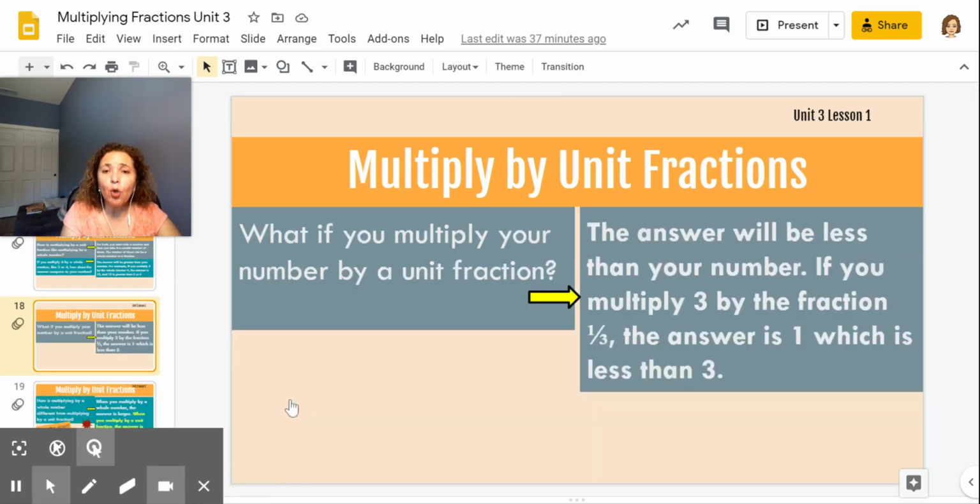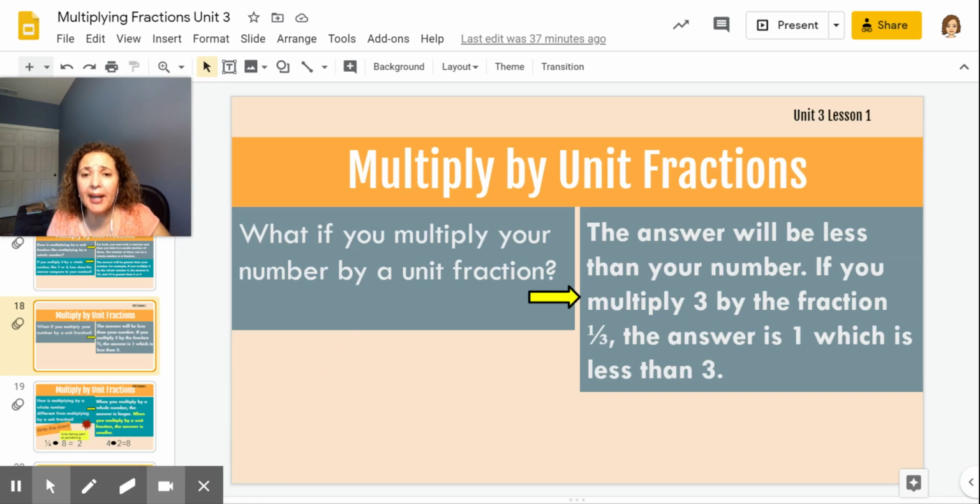But if you multiply by a fraction, in this case, a unit fraction, because that's what we're looking at, your answer is going to be less than your number. So, for example, if you multiply 3 by a fraction of 1/3, the answer is 1, which is less than 3. So, the big thing you need to see here is that when you multiply by a fraction, your product gets smaller. So, this is very important.